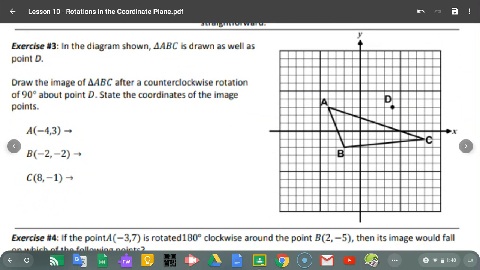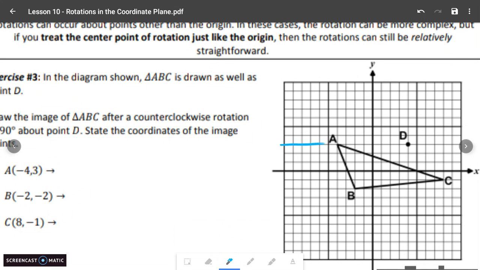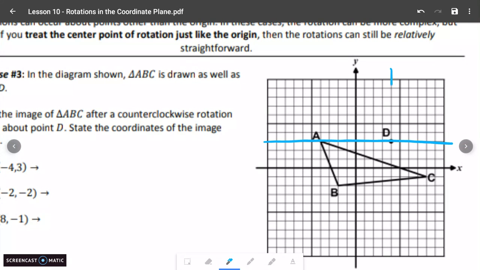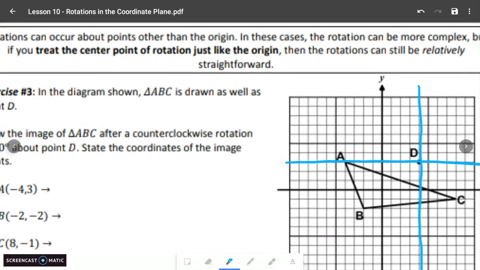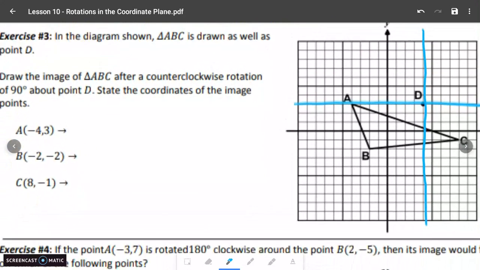That means we have to do something a little bit creative here to help us. What we're going to do is we're going to rearrange this and make D the origin for a second. Because we've been able to rotate no problem when we're rotating around the origin. So let's make D a fake origin, if you will. Which means if that's my origin, all these points, A, B, and C, are changing for a minute. So I'm going to write them down on the side here.